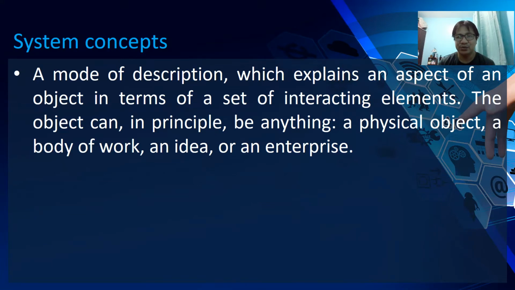So that is the system concept. It can be by principles, like an overview, a concept, a framework. It can be anything under the sun. You can create a system, an interface, or even an AI robot. So that is system concept.